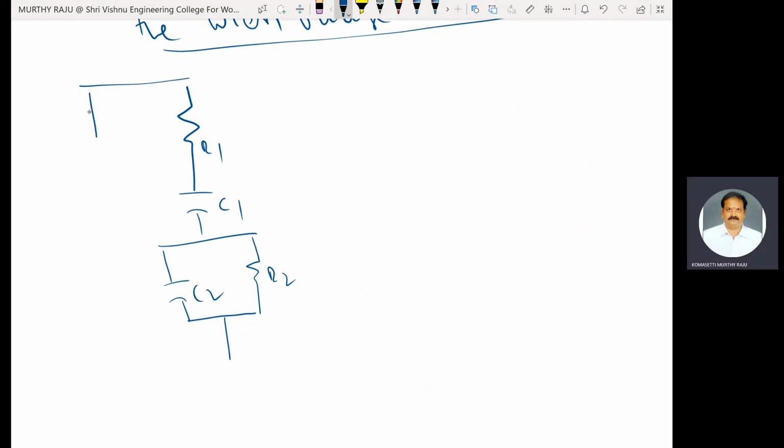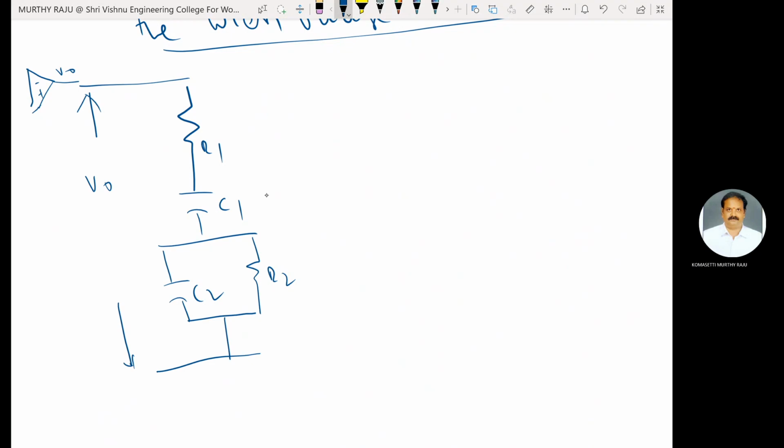This is the output of the op amp configuration, V0. Output of the op amp configuration V0 is connected here. This one is VF, output of the feedback network.